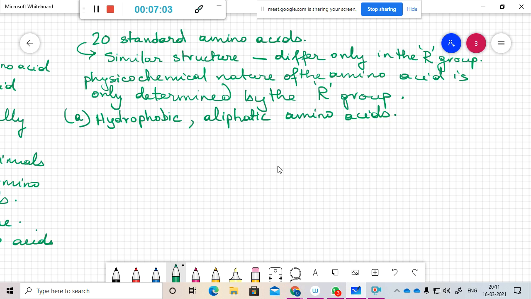Let us have a look at the structure of these amino acids.